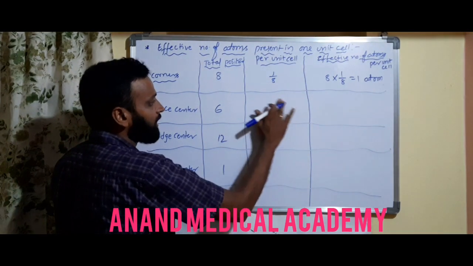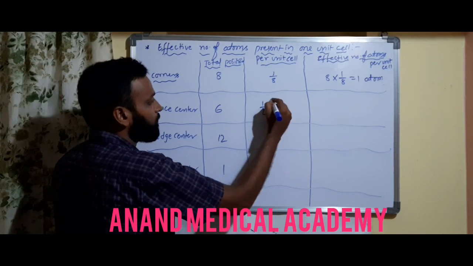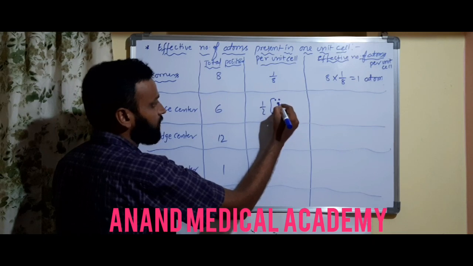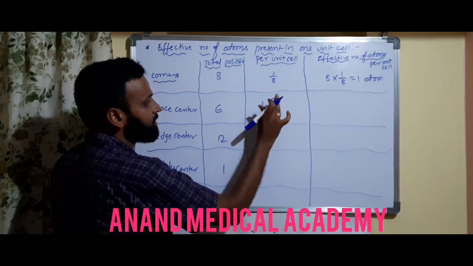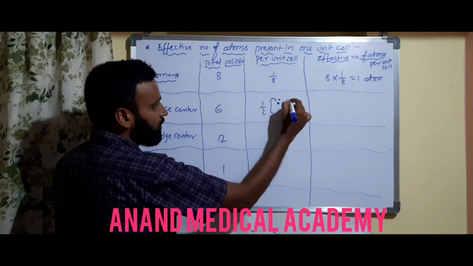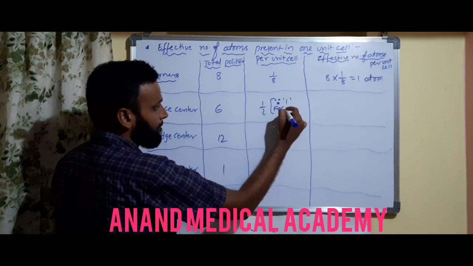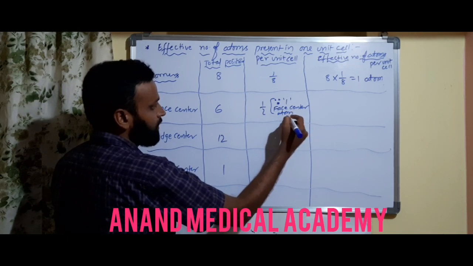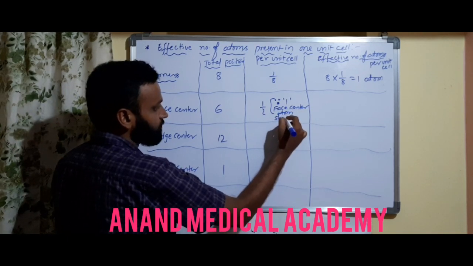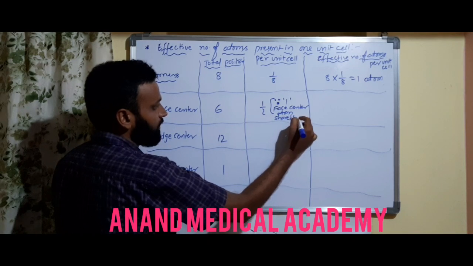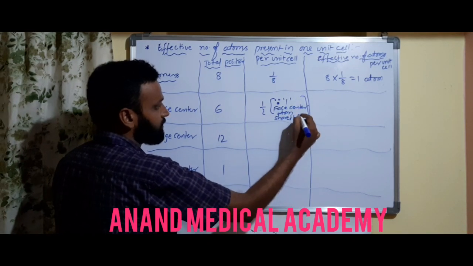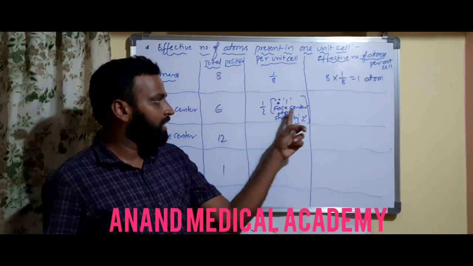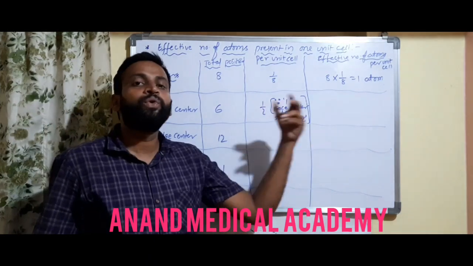If you want, you can write it in the middle: 1 by 2, since one face center atom is shared by 2 unit cells. Shared by how many unit cells? 2 unit cells. One face center atom shared by 2 unit cells.